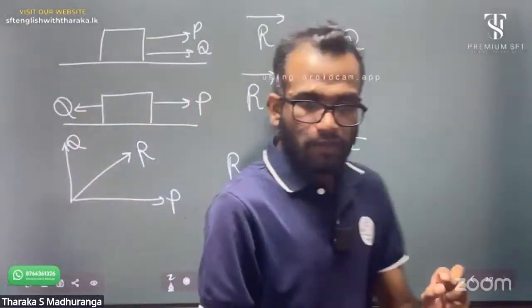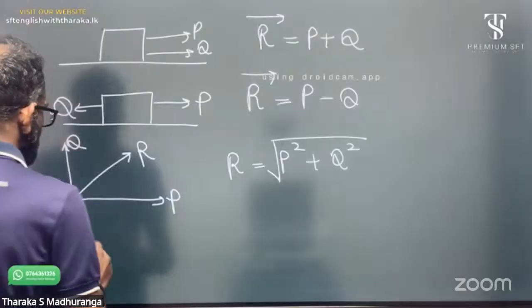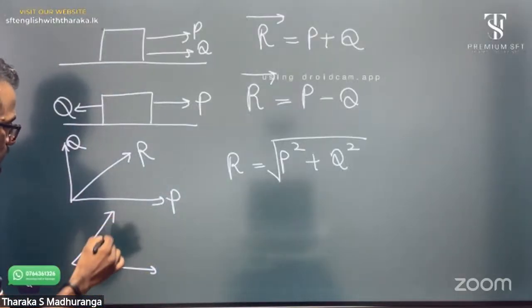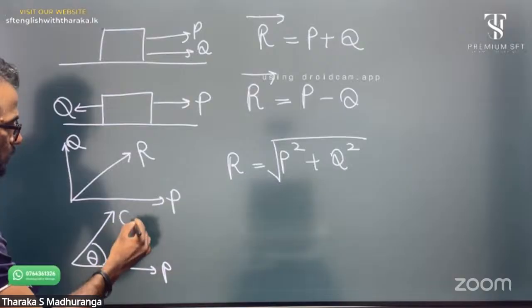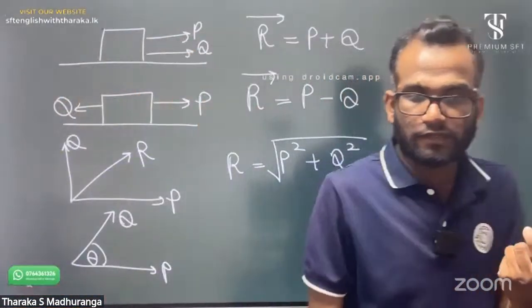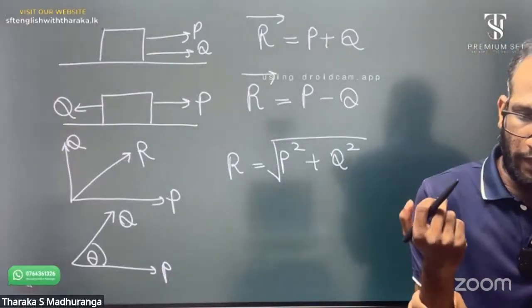Do you remember, in the final part I explained two forces P and Q acting along different angles, theta degrees. That means less than a 90-degree angle.